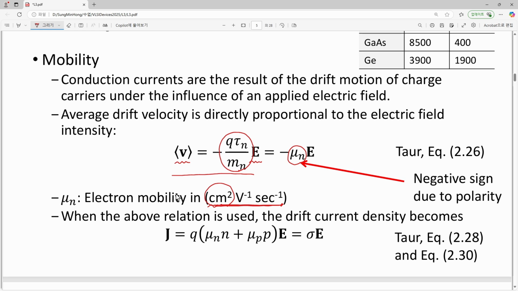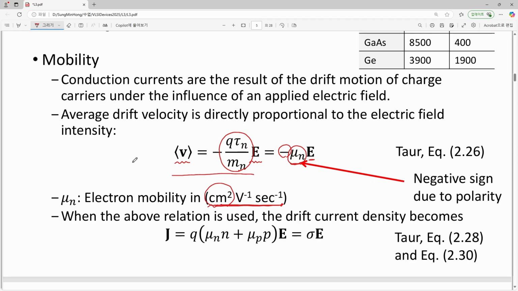Okay, so anyway, let's come back to our discussion. Now the average steady state velocity of electrons can be expressed this way: mobility times electric field, and depending on its polarity, we have a negative sign or just a positive sign, for example for holes.